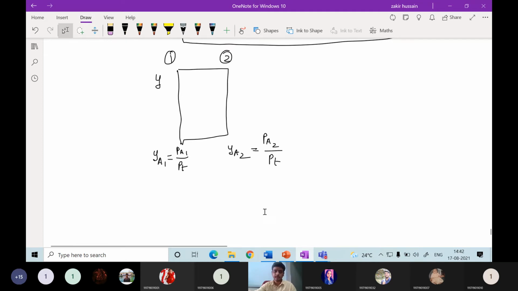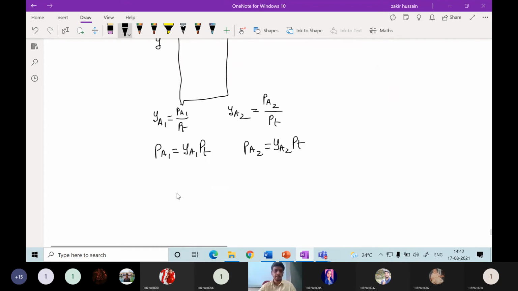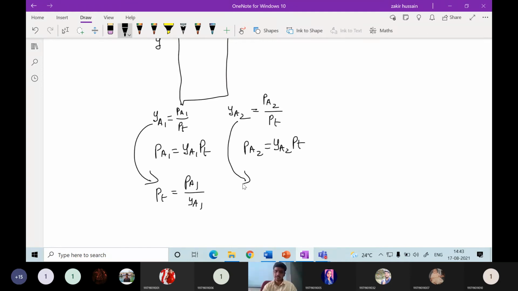Then Pa2 is equal to Ya2 into Pt, and Pa1 is equal to Ya1 into Pt. From the same equation we can write Pt is equal to Pa1 by Ya1, and Pt is equal to Pa2 divided by Ya2.